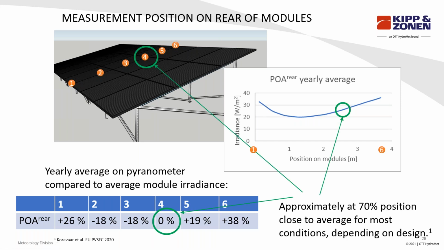And when we select a single position that is representative of the average of the module, we would end up approximately here at roughly 70%. And of course, this depends on the conditions at the particular site, and it also depends on the design of the plant.